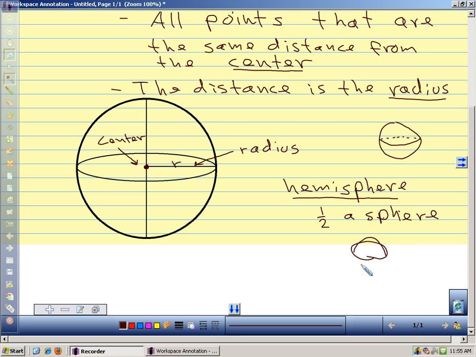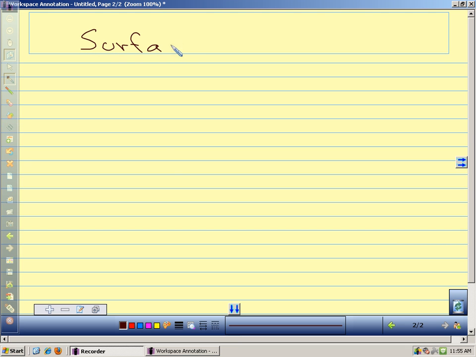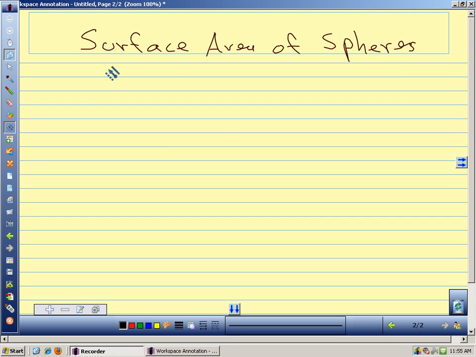All right, so let's get to our formula. Since we started with surface area with all of our other shapes, we'll start with the surface area of a sphere. So the surface area of a sphere, all we need is the radius.